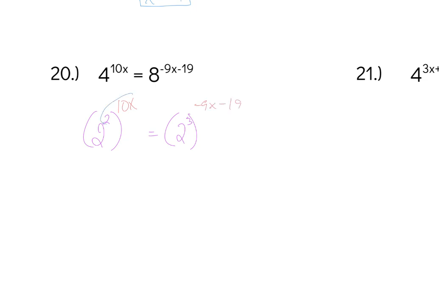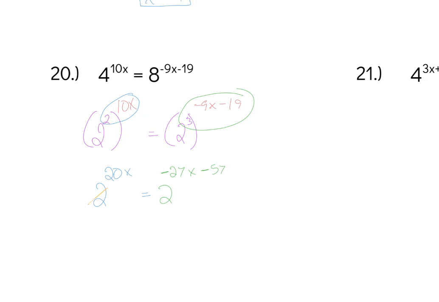Now we're going to distribute and get 2 to the 20x power. And then we're going to get 2 to the negative 27x minus, let's see, 19, that's 30, but minus 57 power.